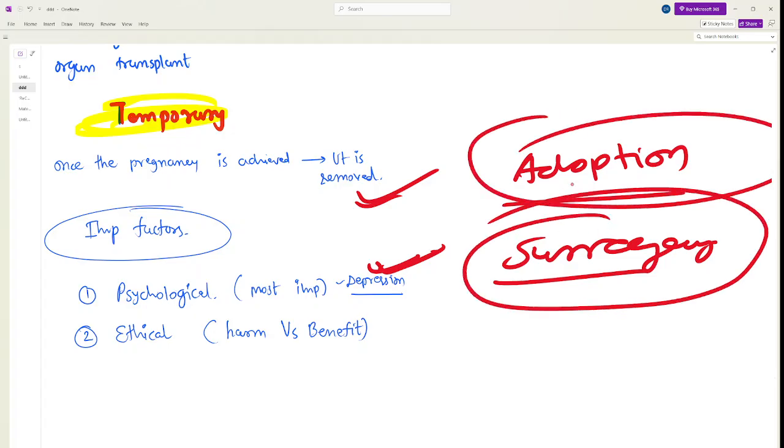Not in all countries are the rules the same, the law the same. Some countries may not even consider surrogacy or adoption as legal. There are religious factors as well, cultural factors as well. So all of these factors have to be addressed before we go for uterine transplant.